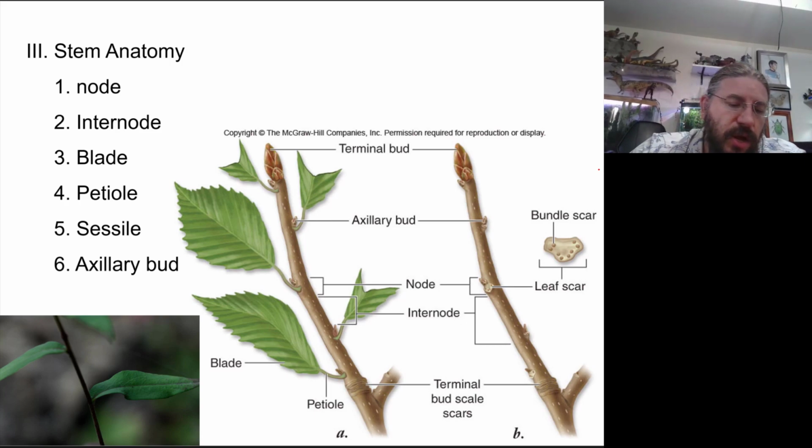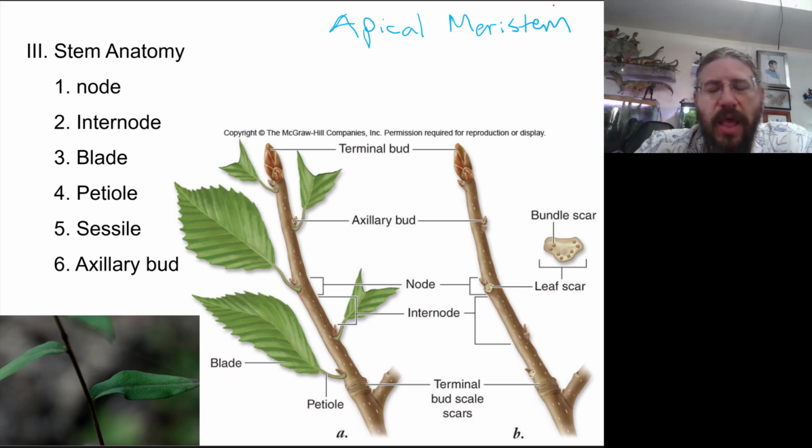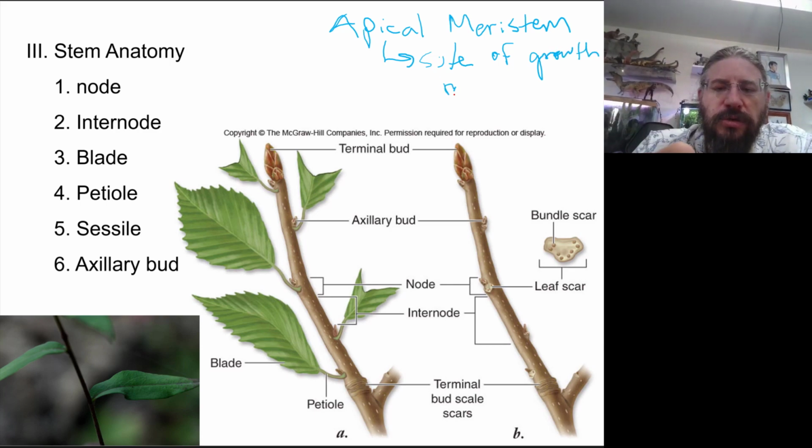Okay, so that's roots. Now let's talk about stems and the good old-fashioned apical meristem. Apical meristem is a fancy way of saying a site of growth. Roots and shoots.